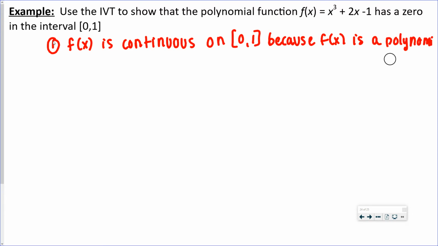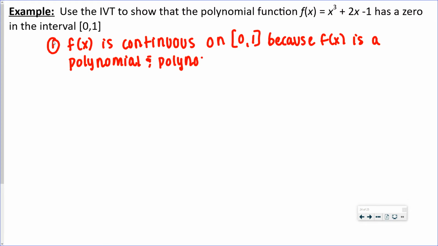And polynomial functions are continuous everywhere. Okay, that's the first thing you have to state.